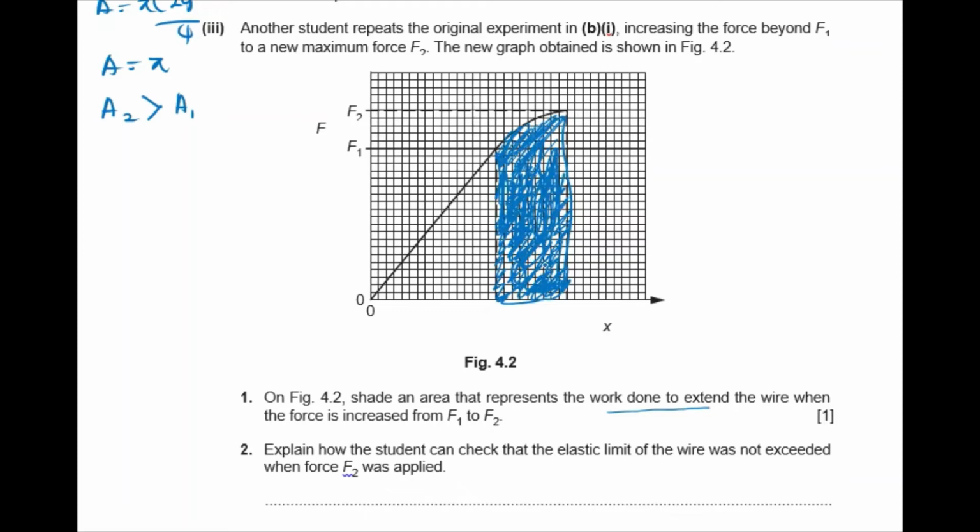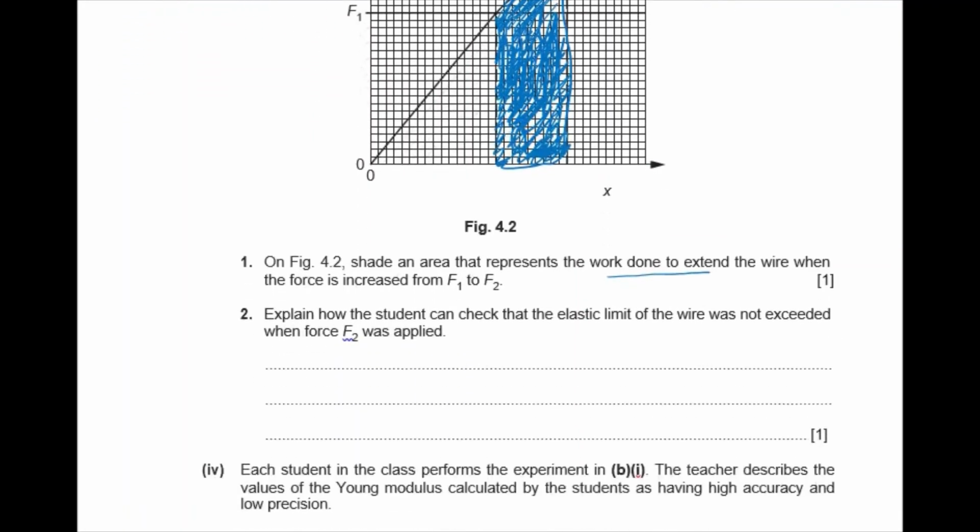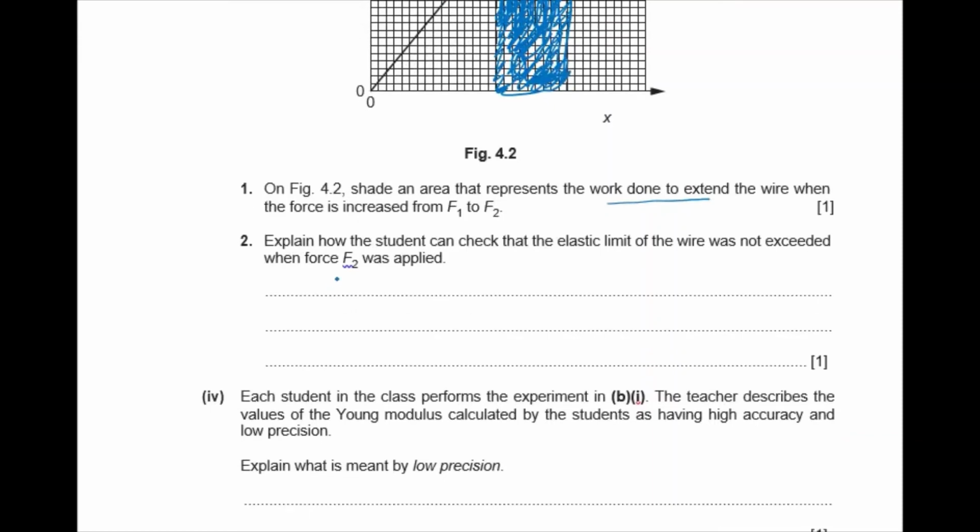Okay, number 2. Explain how the student can check that the elastic limit of the wire has not been exceeded when the force F2 was applied. So here, when the force F is removed, the wire can return to its original length.